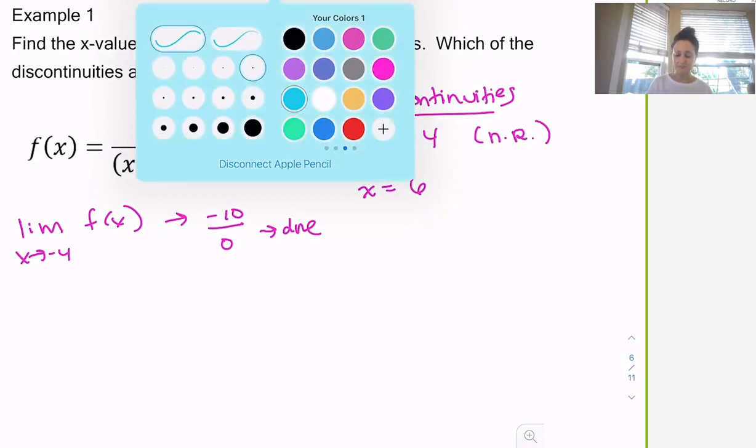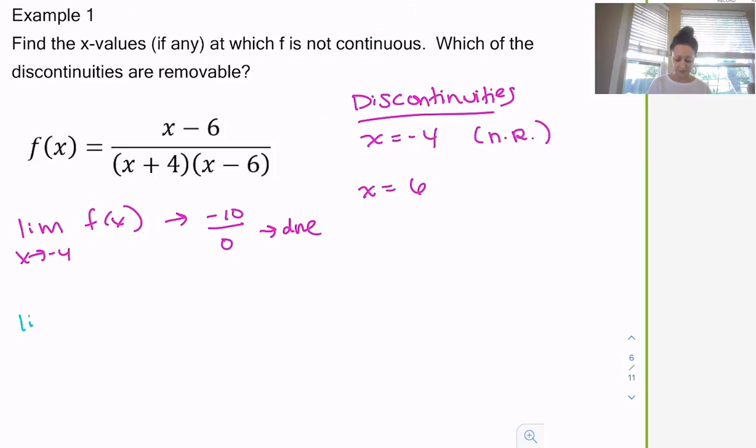All right, let's go ahead and do the same thing for the limit as x approaches 6. Now if I plug in 6 for x in f of x, what happens? I get 0 over 0, right? Make sure you show that. And that means do more? Absolutely.